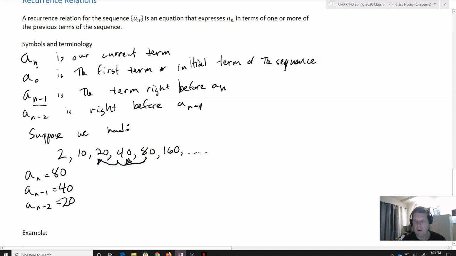And that's actually how we write it. As we talk about recurrence relations, we're going to learn how to write sequences in terms of recurrence relations. But you have to understand that a_n is the particular term that you're on, a_(n-1) is the one right before it, and a_(n-2) is the one right before that one. Those symbols can sometimes be a little confusing.